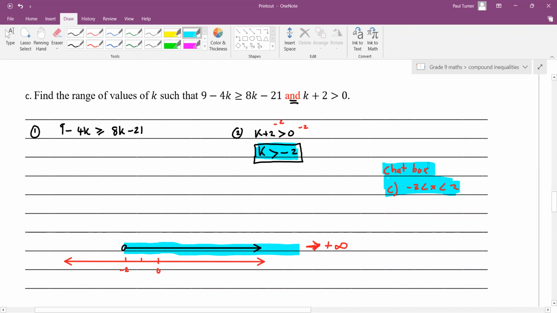So simplify the first one and then draw your arrow and see if you can make a railway track or not between the two lines. And when you do that, let me know what your answer is.